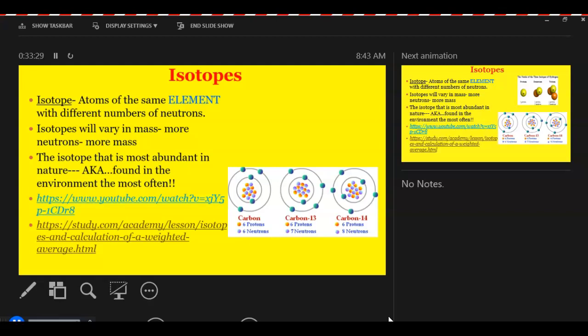Just like I did. You can write the symbol, dash, and then the mass number. You could write, just like she did, the name, dash, the mass number. There's one more way that you can write the symbol for an isotope.